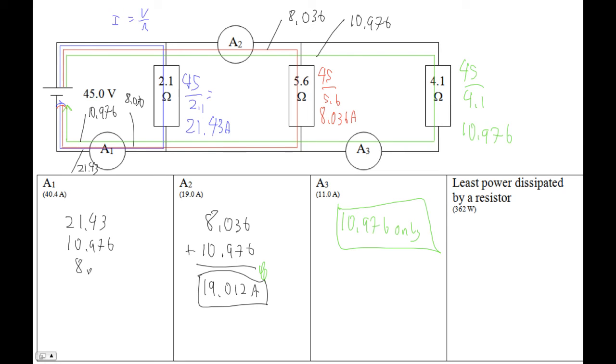All of those go through this, so we just add them: 21.43 plus 10.976 plus 8.036, which is 40.442.